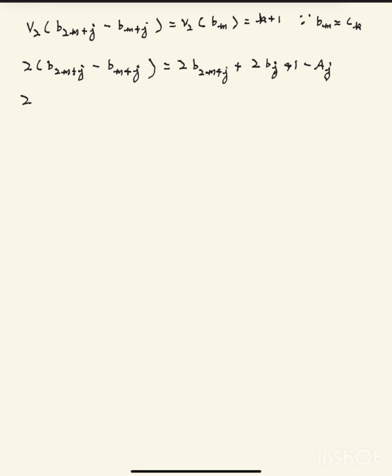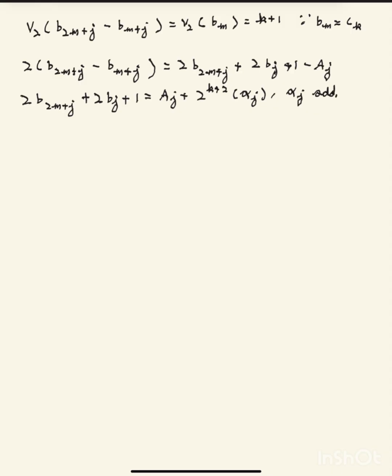Hence, we can write 2 b_{2m+j} b_j plus 1 as a_j plus 2 to the k plus 2 times some alpha_j, where alpha_j is odd, right?